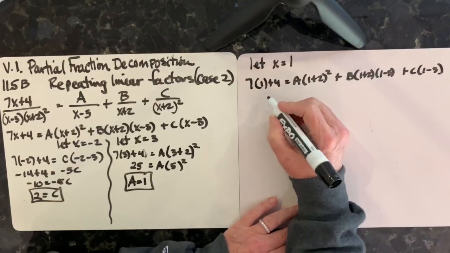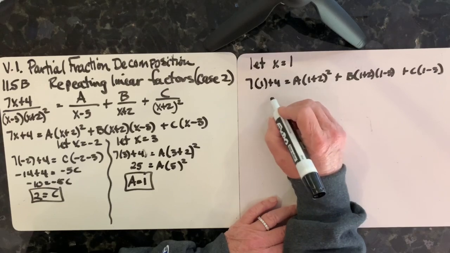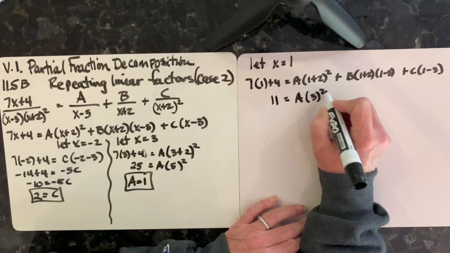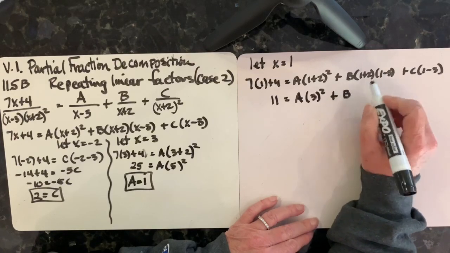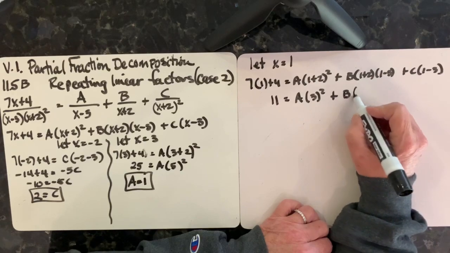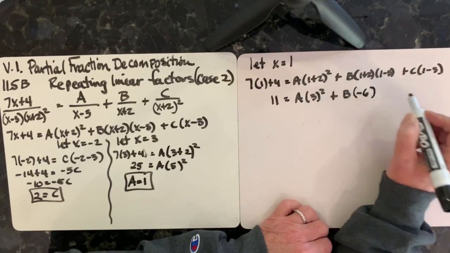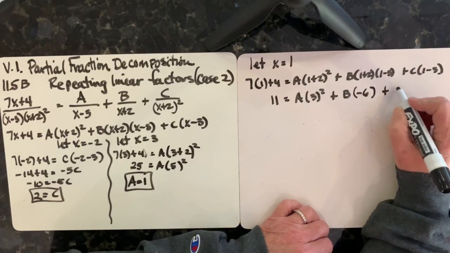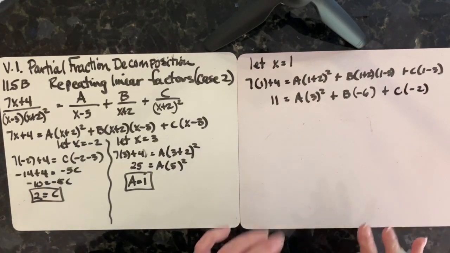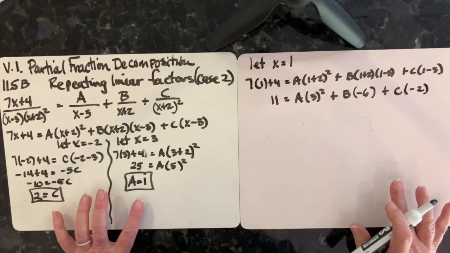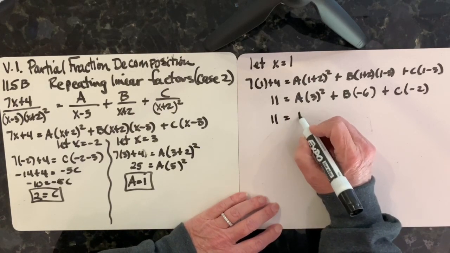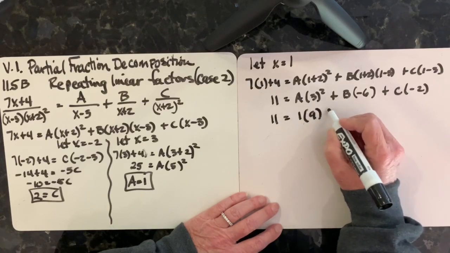So with this in mind, I have 7 plus 4, so I got 11, and I've got a times 3 squared, plus b times 3 times -2, so that's -6, plus c times -2. So what I'm going to do now is use these values that I got before. So I've got 11 equals a was 1, times 9.